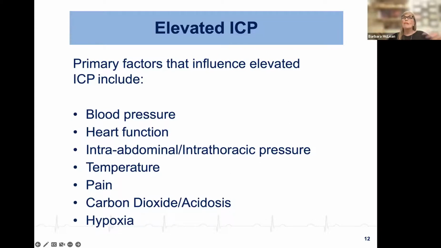So when I put you on a ventilator, I'm on positive pressure, I'm on a lot of PEEP, that's going to actually communicate by compressing the veins, and the outflow of blood and cerebral spinal fluid ultimately is through venous drainage. So when I put you on a PEEP of 10 or 12, I'm going to really significantly limit venous outflow drainage. That's going to make your ICP go up.